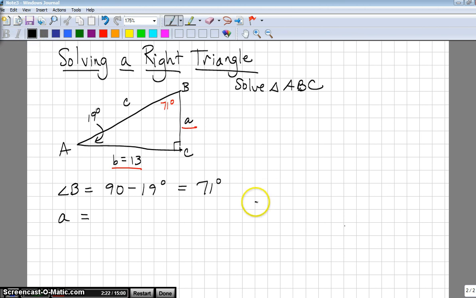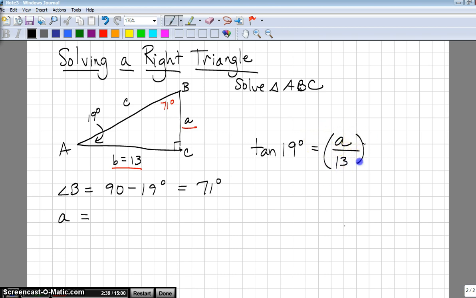So that means that I would want to use the tangent ratio. So I'll write an equation and say the tangent of 19 degrees is equal to the opposite side, which is little a, over the adjacent side, which is 13.